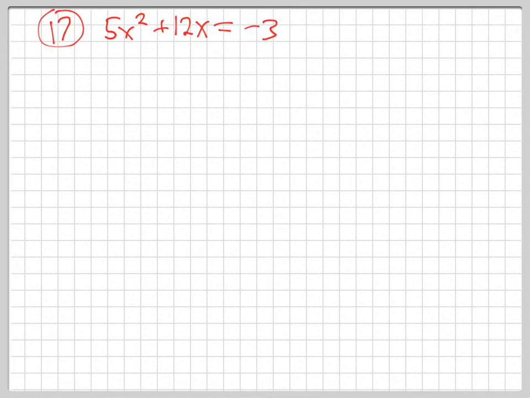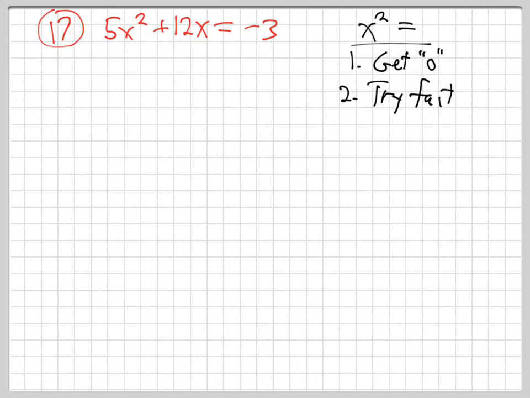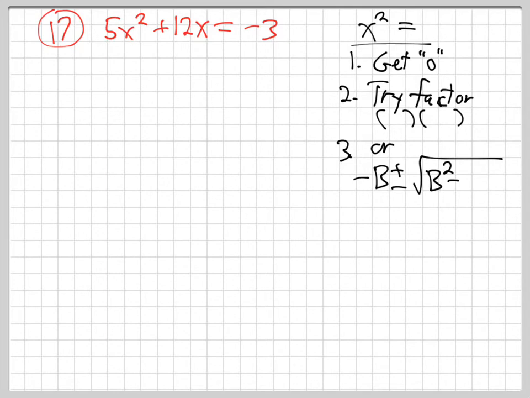So what do we do when we see an x squared question with an equals? Step 1, get a 0 on one side. Step 2, you can try to factor with the 2 parentheses, or you can use the quad: negative b plus or minus square root of b squared minus 4ac all over 2a.